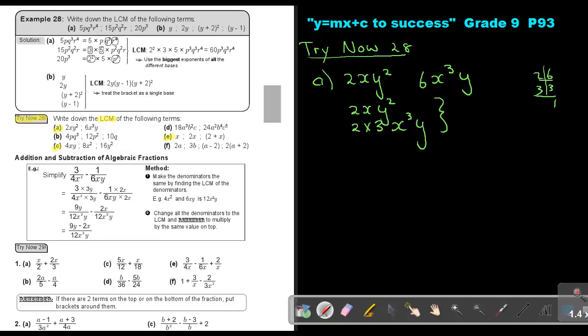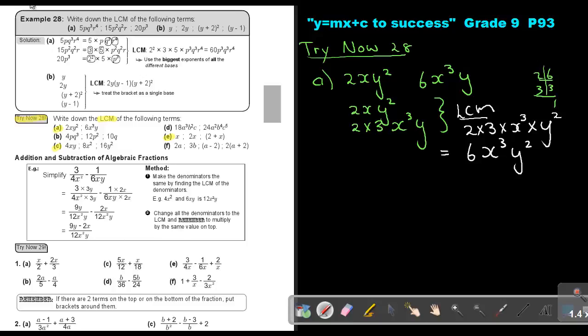If I must find the lowest common multiple, then I'm writing down all the bases: it's 2, 3, x, and y. What is the biggest exponent of the 2? It's just 1. The 3, it's just 1. The x, it's to the power 3, and y, it's not 1, but y to the power 2. So it will be 6x cubed y squared, and that will be my lowest common multiple.